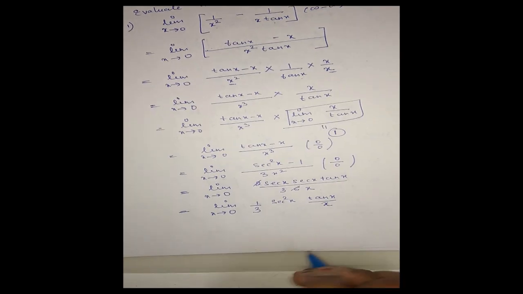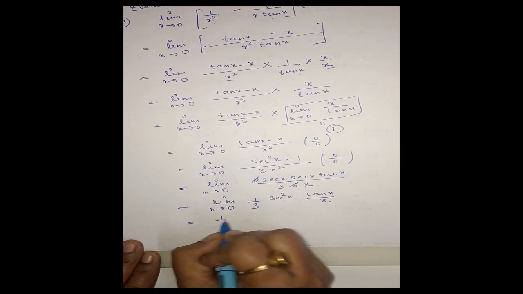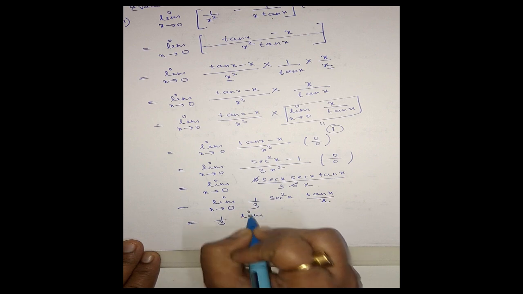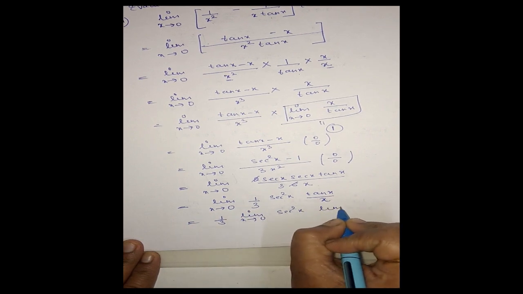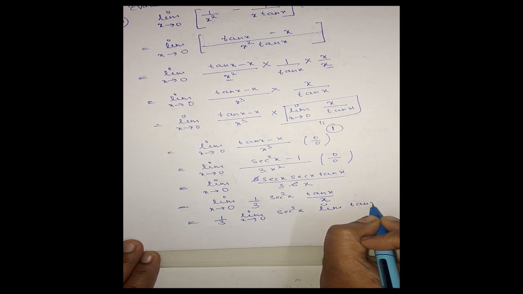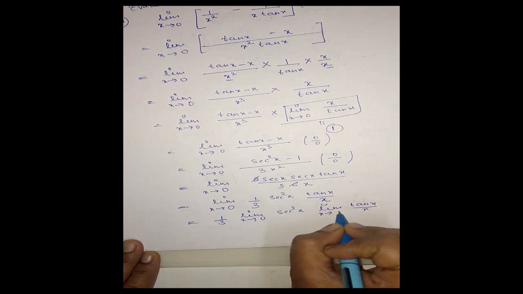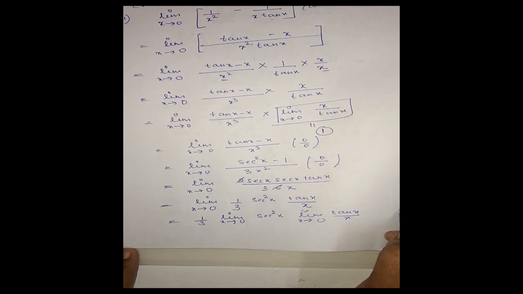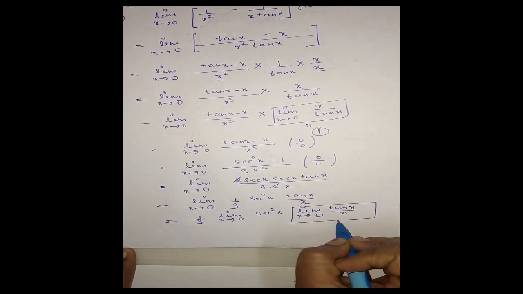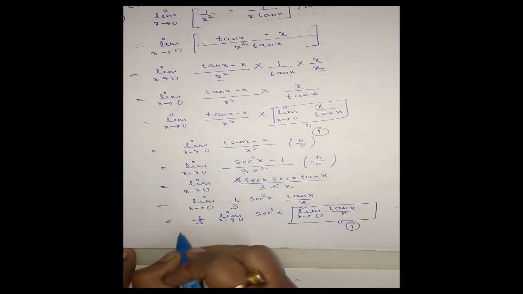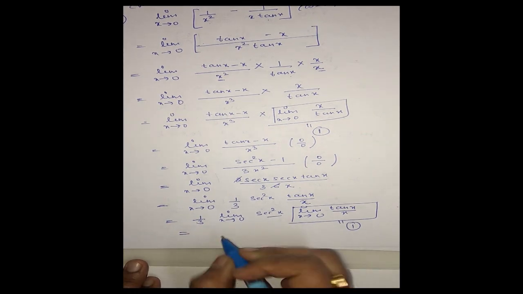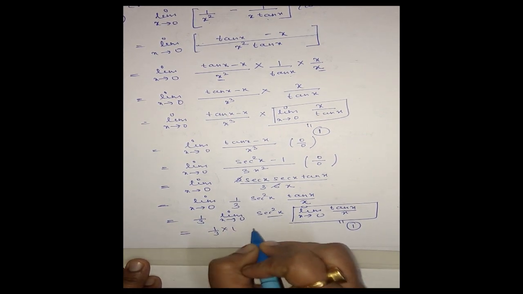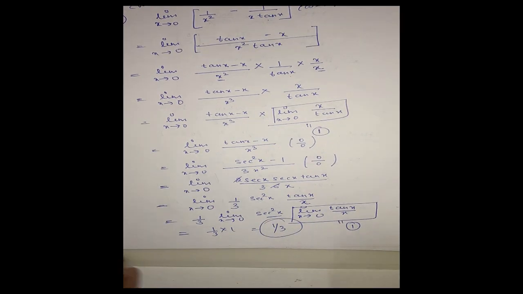Now this can be written as 1 by 3 into limit x tending to 0, sec square x into limit tan x by x as x tends to 0. And this limit, we know this limit is equal to 1. Okay, now here this is 1. That means 1 by 3 into 1, answer is 1 by 3. Clear?